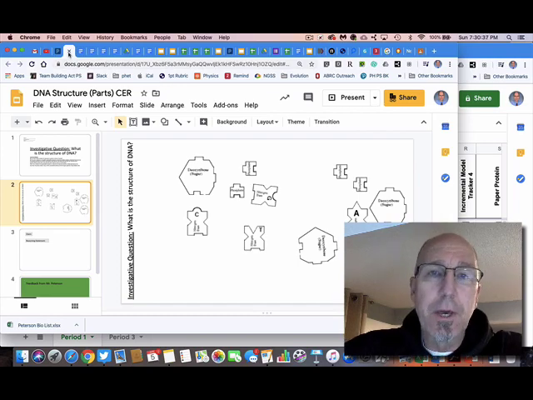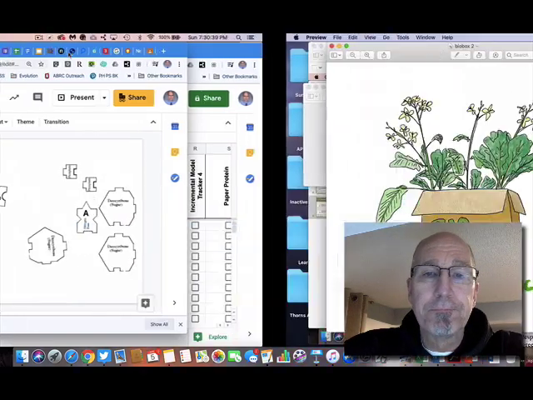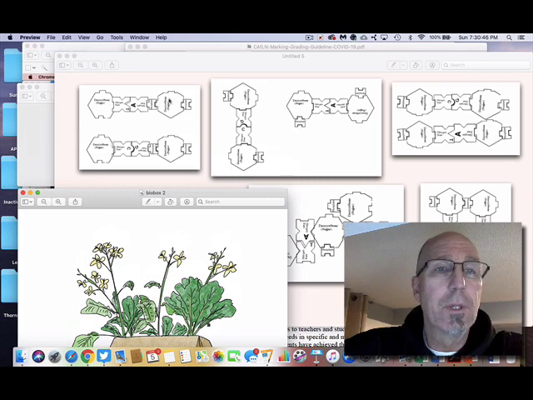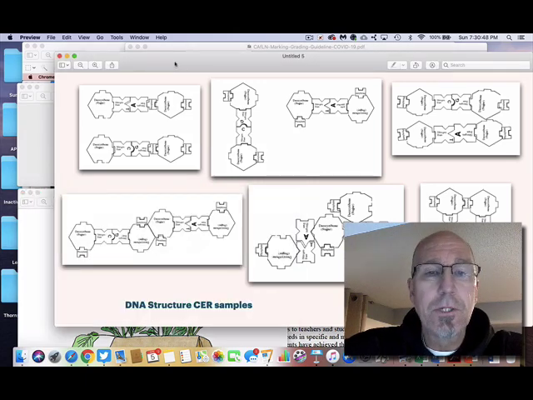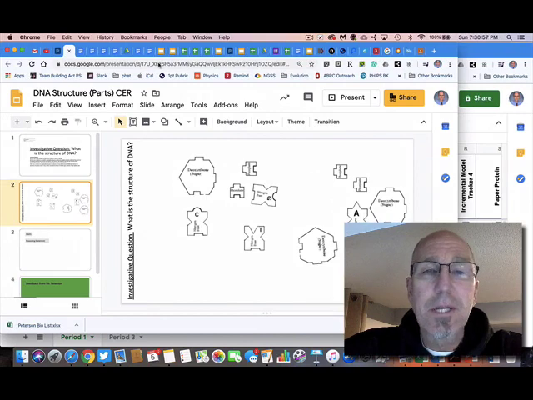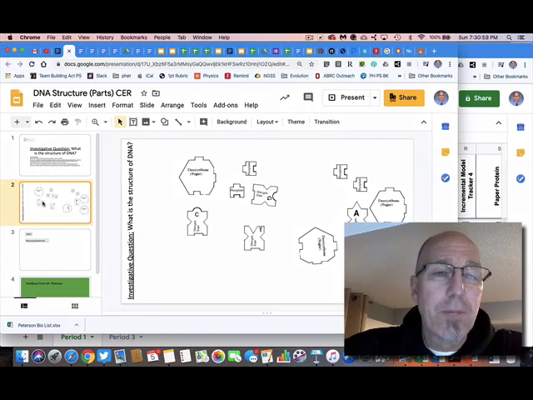Some of your models have been pretty cool to look at. Here are some student samples. These are some samples that people have come up with, based on the rules. Some of them are not so accurate, some pretty accurate. But that's really not the important part. The important part is to arrange this based on the rules on the fact sheet.